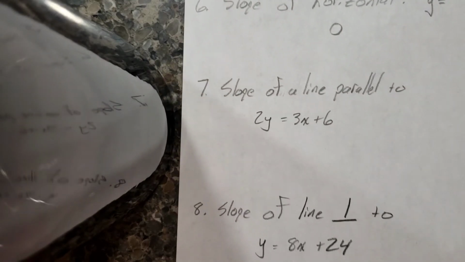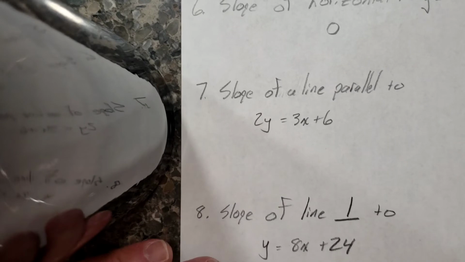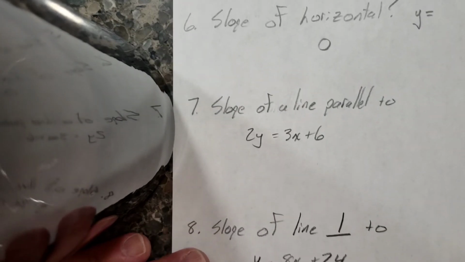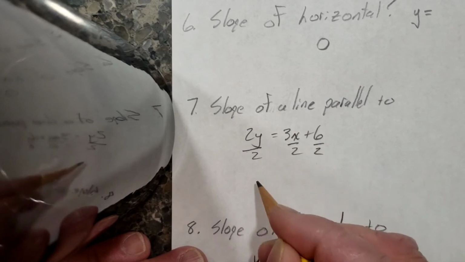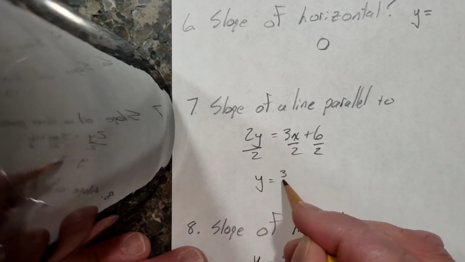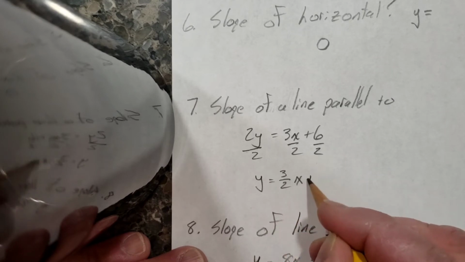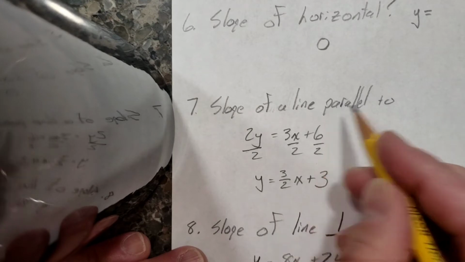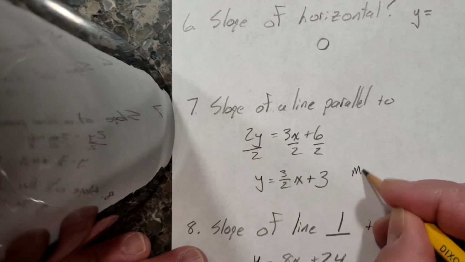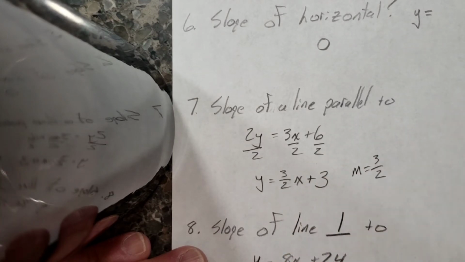All right, number 7, we want the slope of a line parallel to this one. 2y equals 3x plus 6. Y equals mx plus b form. y equals 3 over 2x plus 3. And parallel, so the slopes are the same. So a slope is 3 over 2.